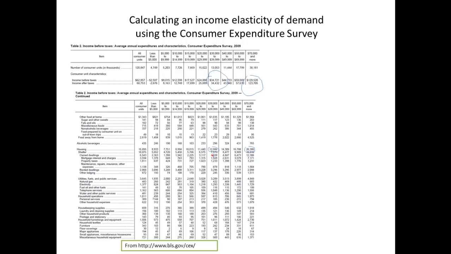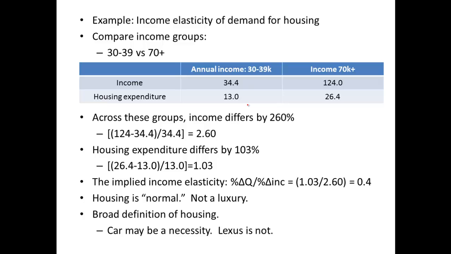What I have circled here are expenditures on housing for households with $30,000 to $39,000 in annual income versus expenditures on housing for households with $70,000 or more in annual income. Let me go to the next page. And here the numbers we care about are made a little more visible.